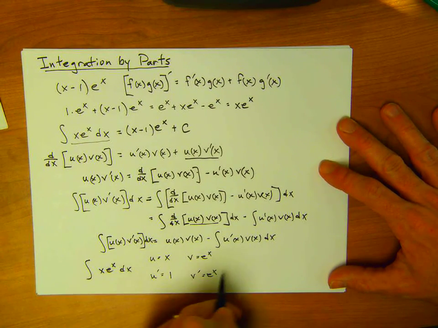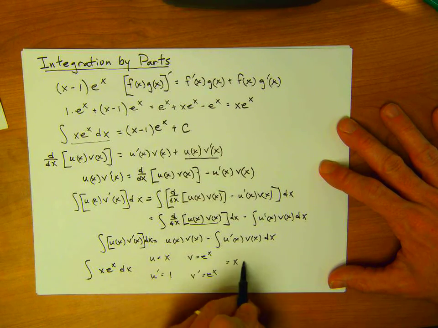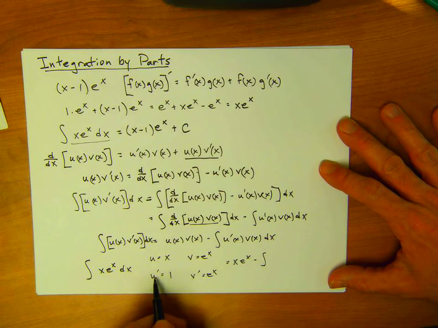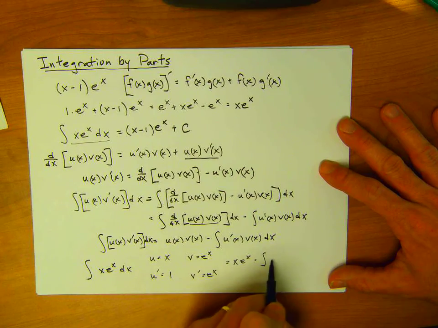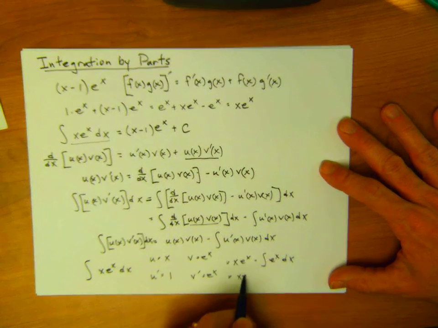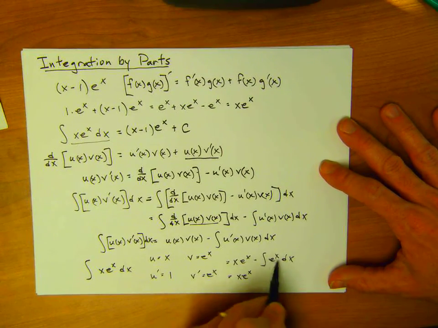This then, after we do this antiderivative, will equal u times v, so that's going to be x times e to the x minus the integral of u prime, which is 1, times e to the x, so that's just e to the x dx. So now I have x e to the x minus the antiderivative, which is just e to the x.